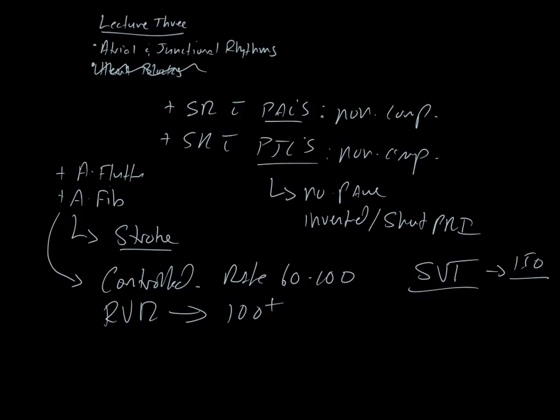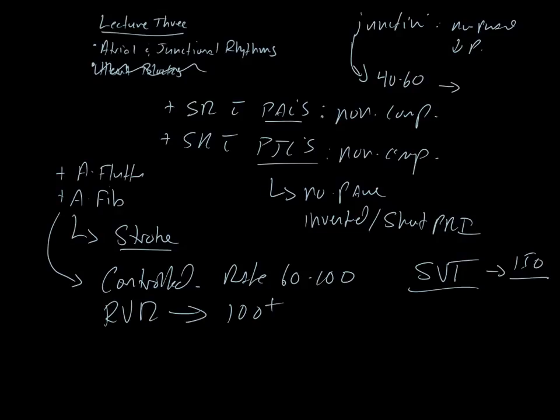Okie dokie. We also talked about junctional rhythms. You guys okay with the junctional rhythm? Right, junctional, you will see either no P wave or an inverted P wave with a very short P to R interval. The rate of your junctional rhythms tends to be 40 to 60.